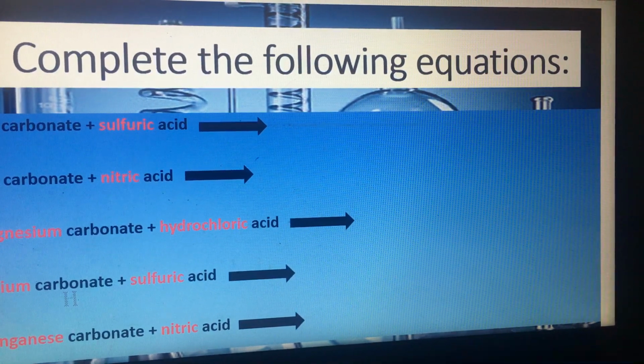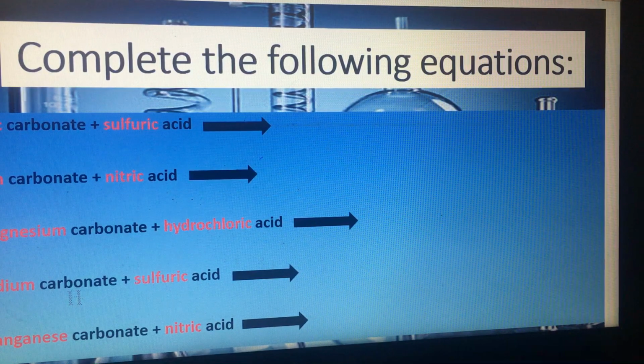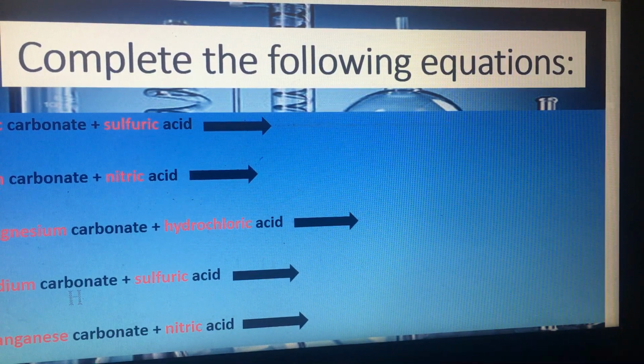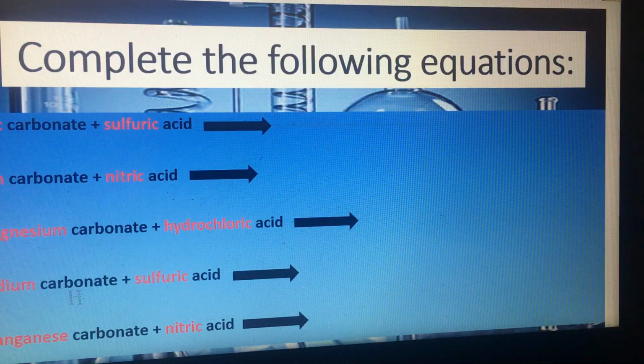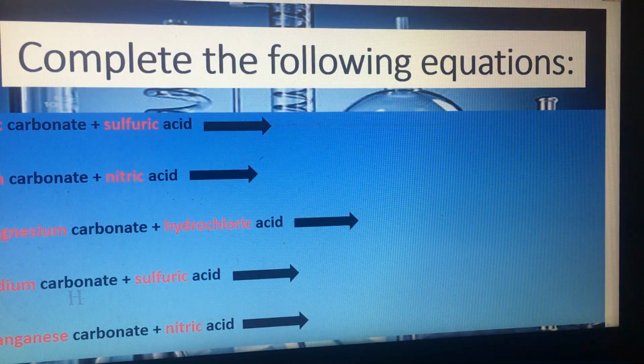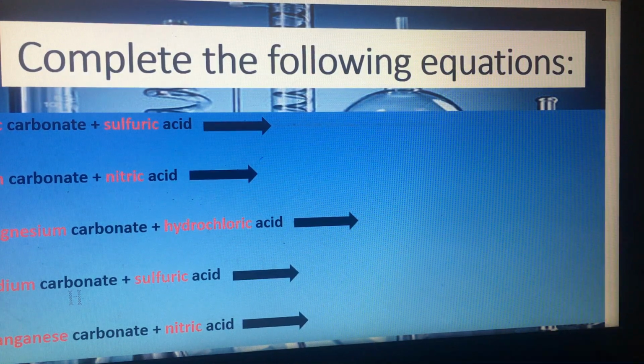The third equation, magnesium carbonate with hydrochloric acid. Magnesium with hydrochloric will produce magnesium chloride, water and carbon dioxide. Try to do the last two equations, sodium carbonate and sulfuric acid, magnesium carbonate and nitric acid.